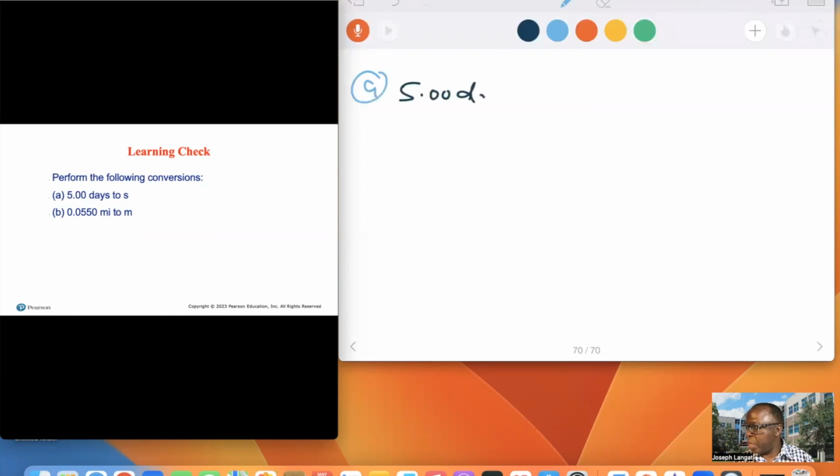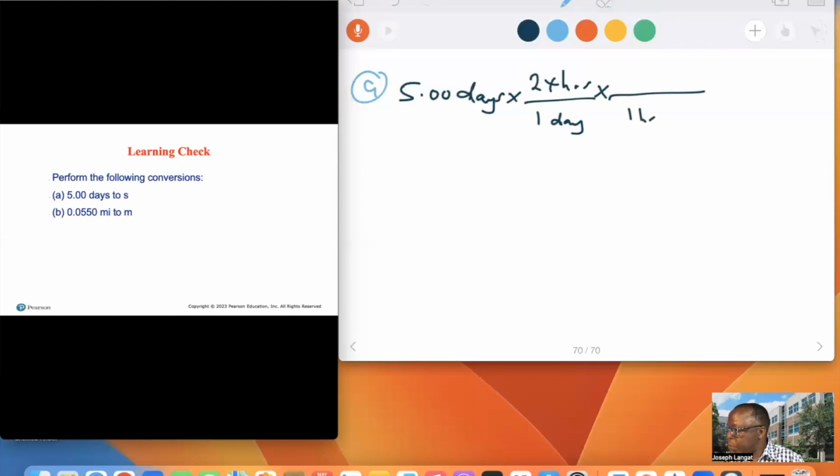5.00 days. We want days to cancel here, so it's going to be 1 day equals 24 hours, times 1 hour equals 3600 seconds.